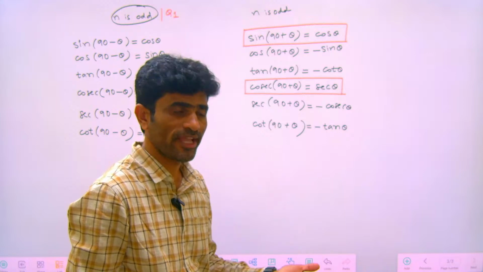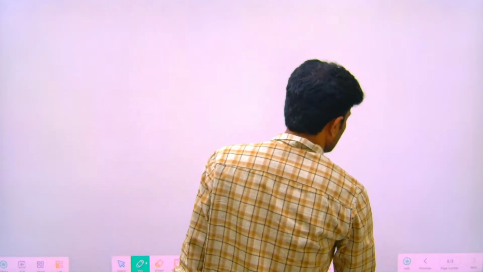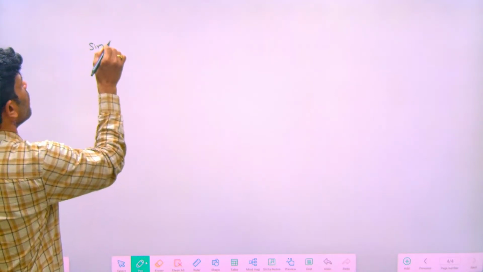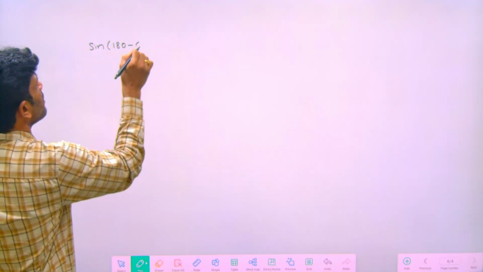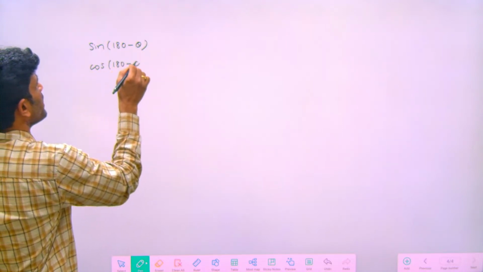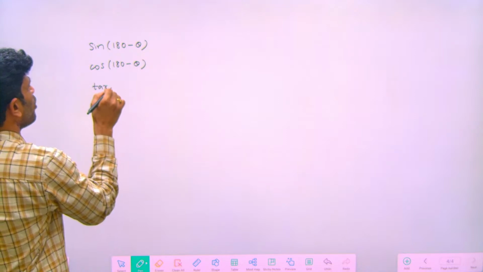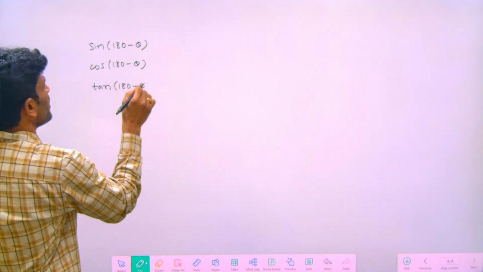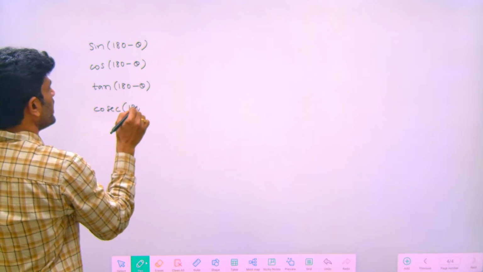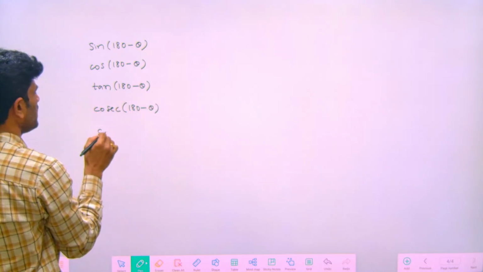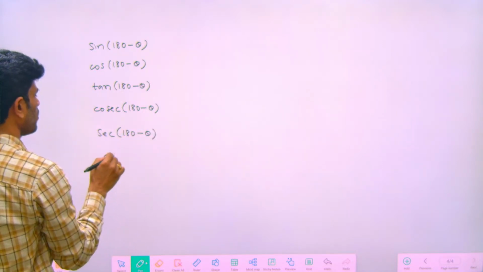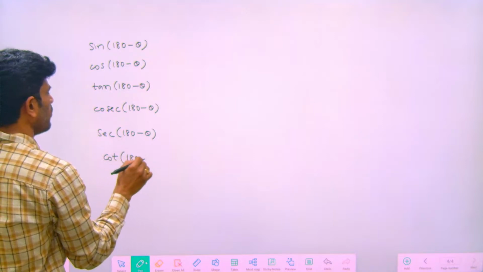Now let us see 180 minus, 180 plus, how the ratios will be different. Sine 180 minus theta, cos of 180 minus theta, tan of 180 minus theta, cosecant of 180 minus theta, secant of 180 minus theta, cot of 180 minus theta.